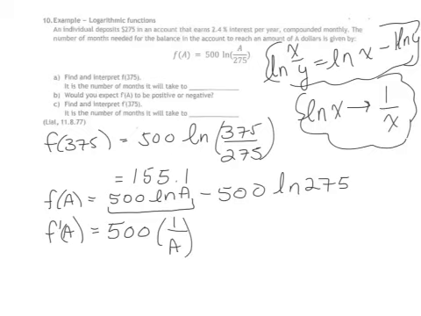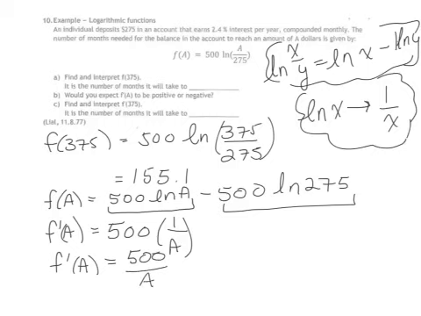And here we have minus 500 ln 275, which is a constant, so the derivative of that constant is 0. Okay, so if we tidy this up, our derivative is 500 over A.